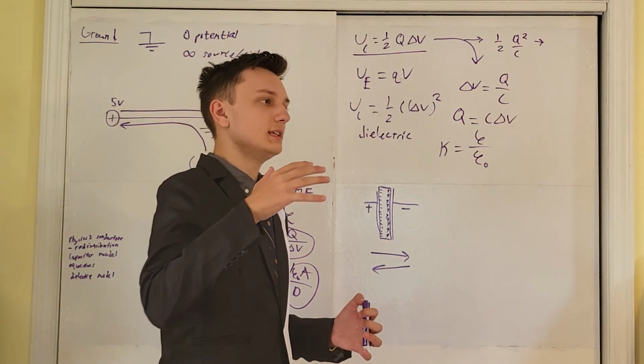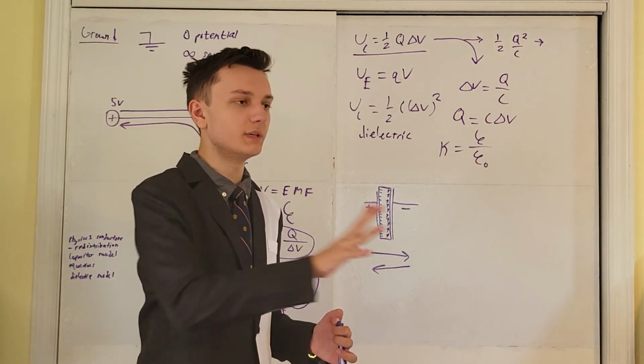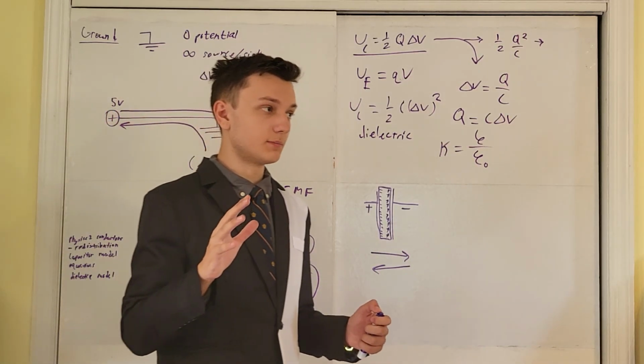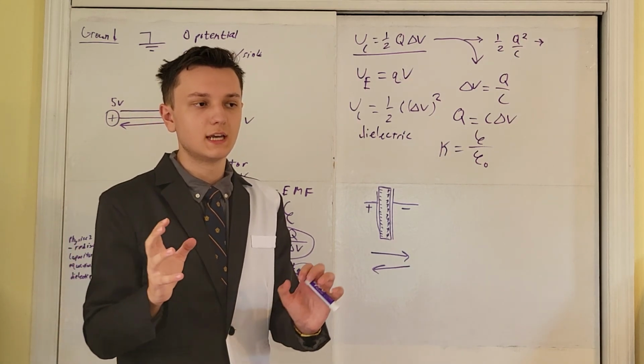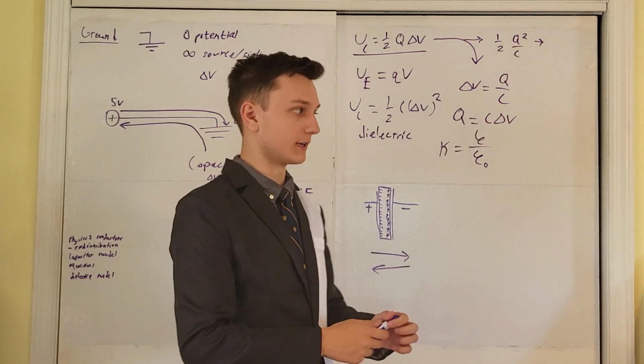Permittivity is how easily, or how much, electric field can permeate a material, okay? So the permittivity of free space is basically saying how much electric field is free to permeate or move throughout a vacuum, okay?